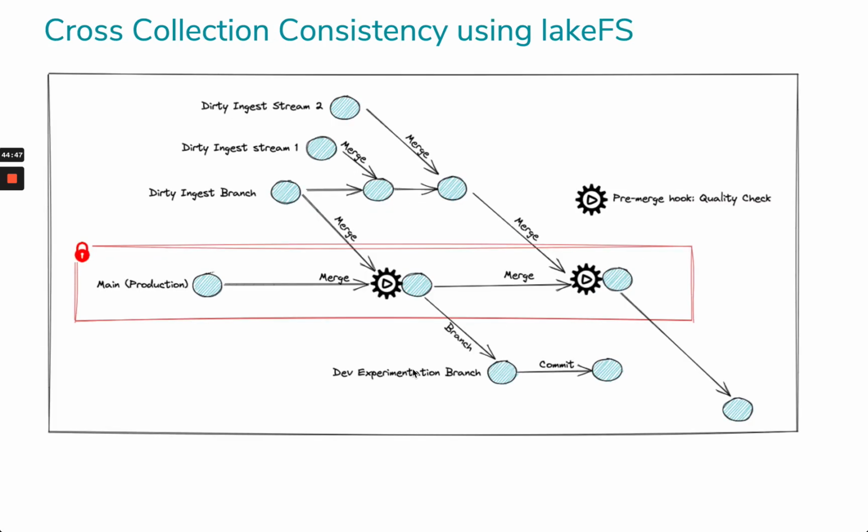A second one is part of my consistency, cross data sets, cross collection consistency. Similar to what we said previously, I have a lock here. I'm locking my production branch. No one can touch it. No one can do anything with it.